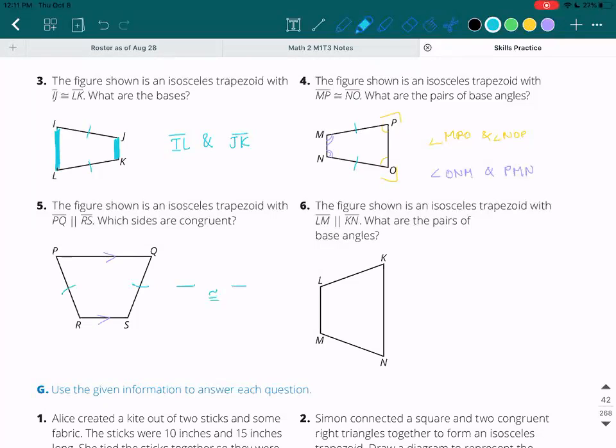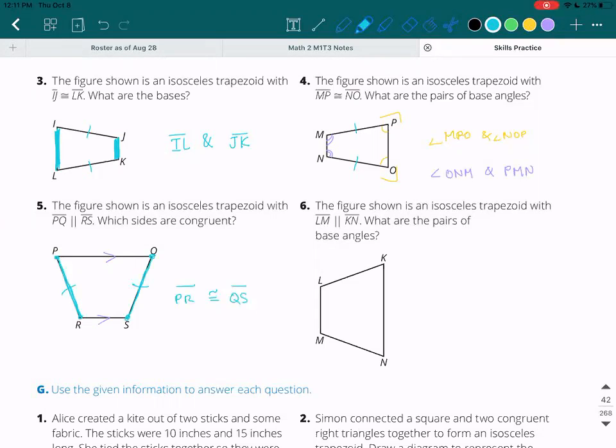PR, QS. PR. So PR is over here from P to R. Good. And then I heard QS. So from Q to S. So you name them like what are the two endpoints? Good job.